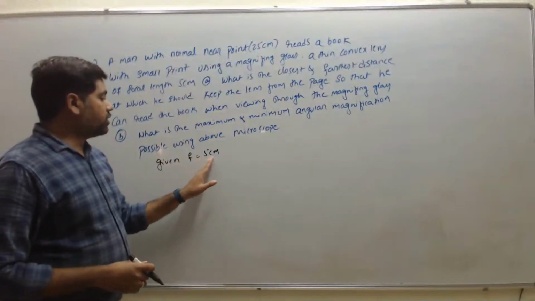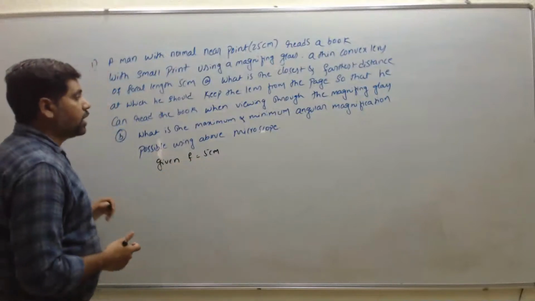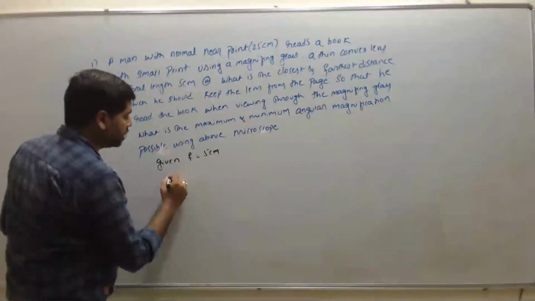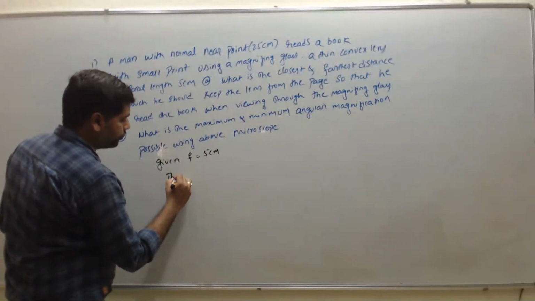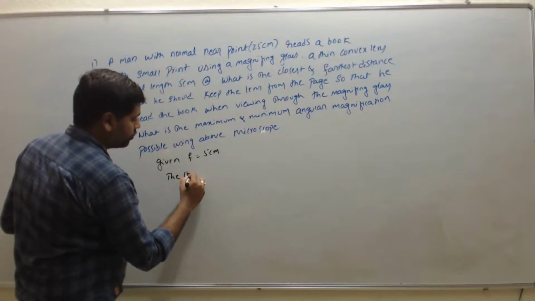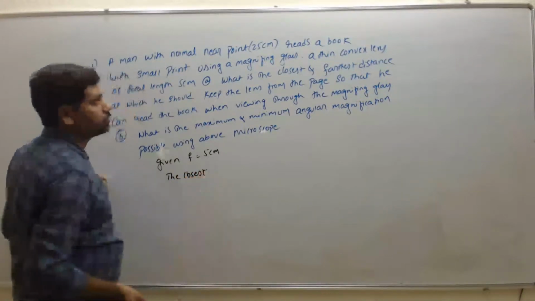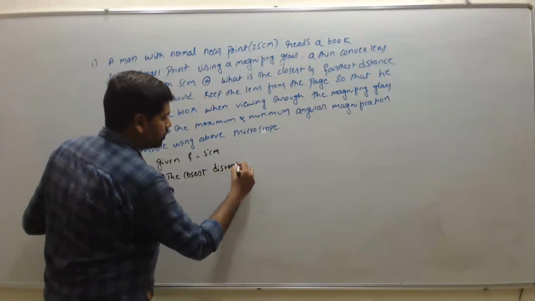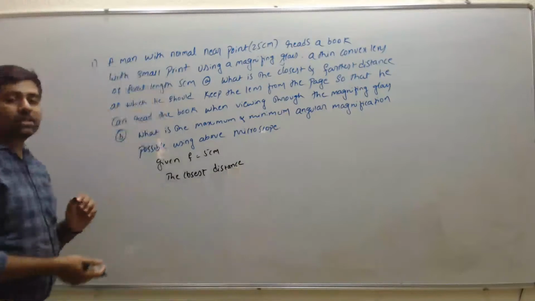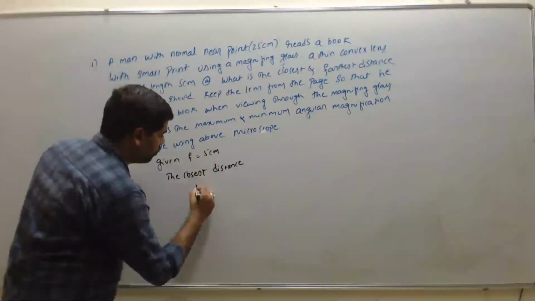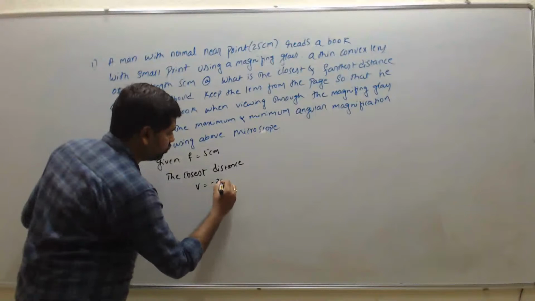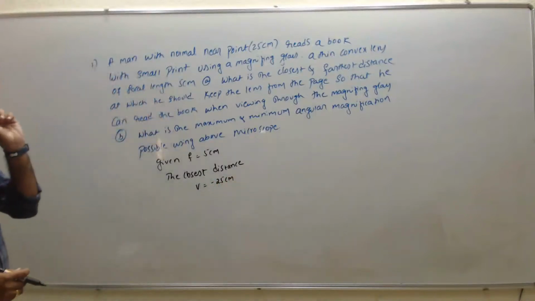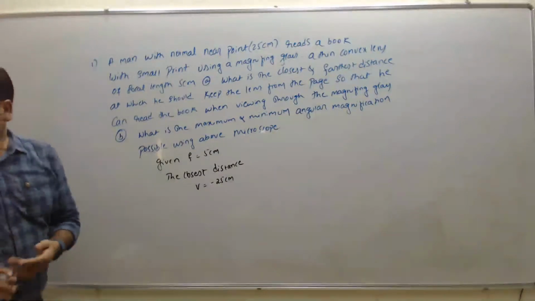The given focal length is plus 5 centimeter, and for the closest distance we have v equals minus 25 centimeter.